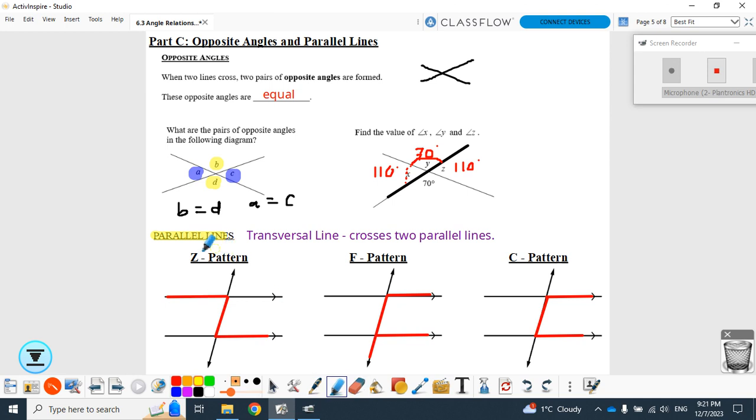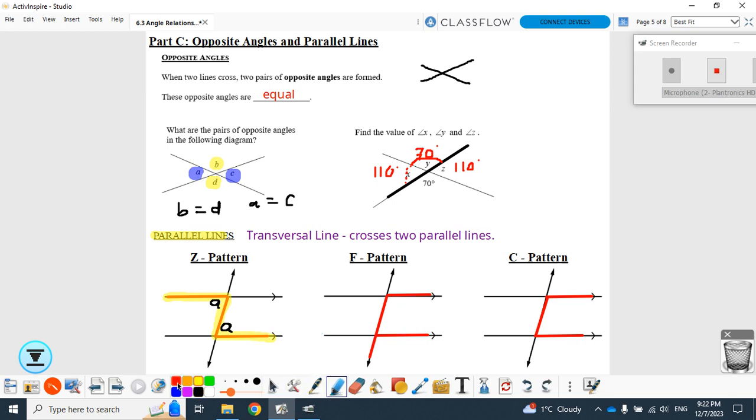We have first what's called the Z pattern. And if you look closely, you can see this Z. Now, in this Z pattern, the angles that are equal to one another would be the angles that exist in the armpits of the Z. So if that's A, then that's A. Those would be equal to one another.